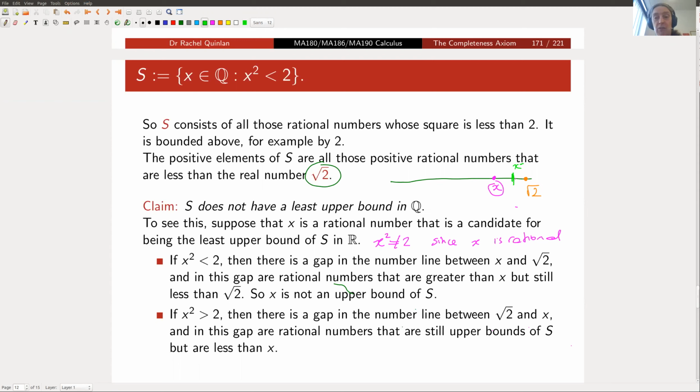On the other hand, if x squared is greater than 2, that means that x is to the right of the square root of 2 on the number line.